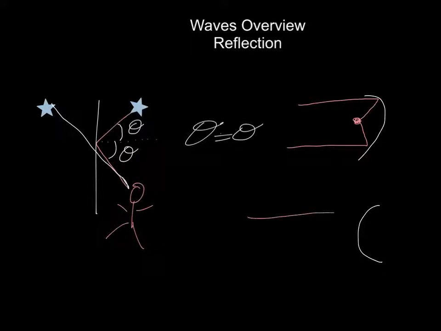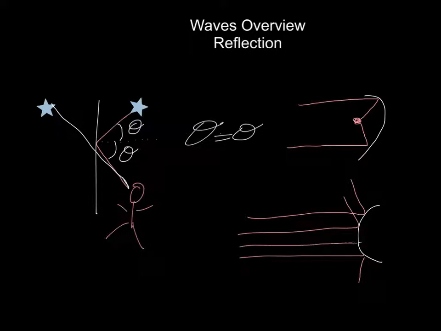Convex mirrors, on the other hand, are going to scatter the light. So the light comes in, reflects off, and goes in all sorts of other directions. So these are the types of mirrors we talked about. Plane mirrors, how to get these images and reflections, and then convex and concave.